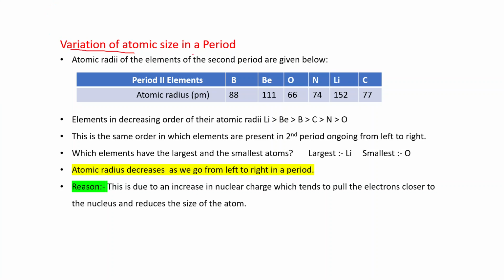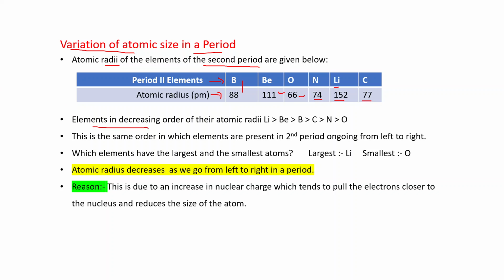Variation of atomic size in a period. Atomic radii of the elements of the second period are given below. These are the second period elements and these are their atomic radii. Boron is 88, beryllium 111, oxygen 66, nitrogen 74, lithium 152, carbon 77.